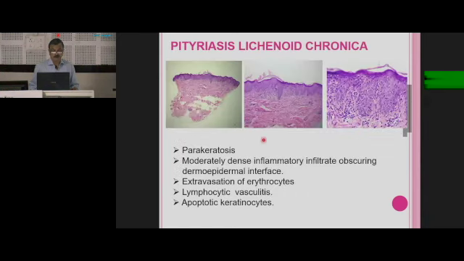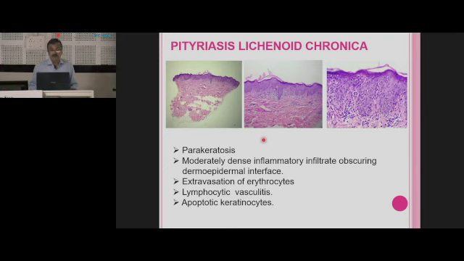Pityriasis lichenoides chronica, where a moderately dense inflammatory infiltrate obscures the dermoepidermal interface. Obscuring the dermoepidermal interface is mainly a feature of the lichenoid type of lesions, whereas because of the epidermal hyperplasia, this condition is grouped here.